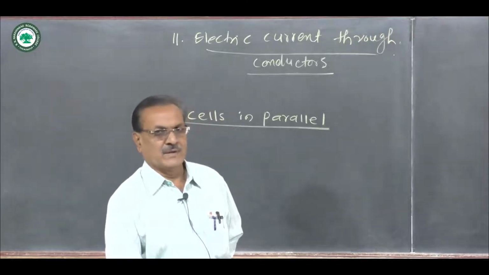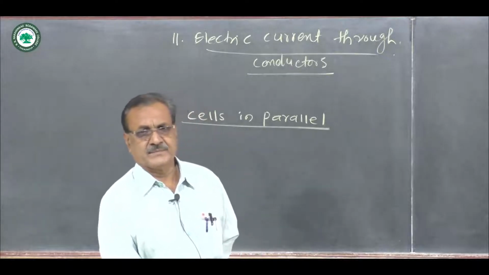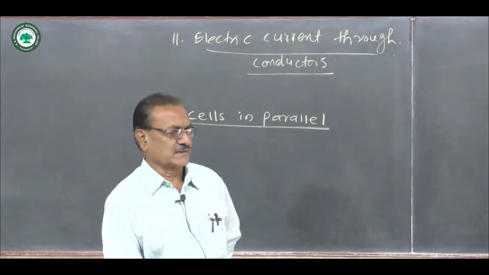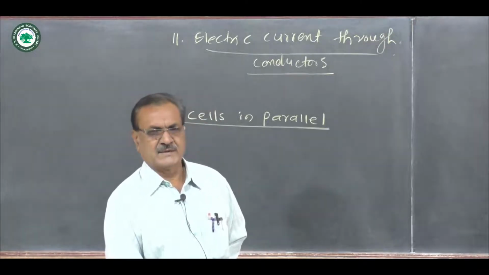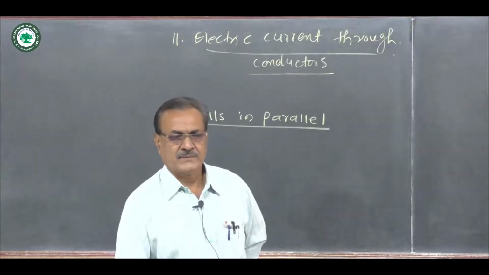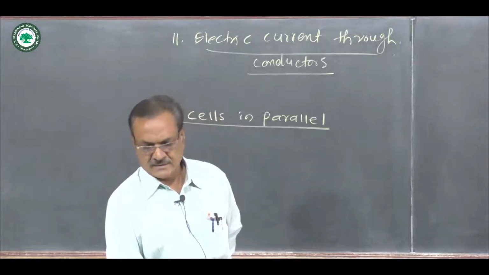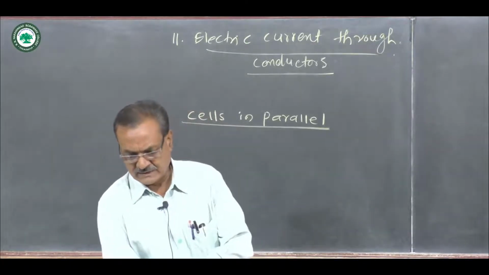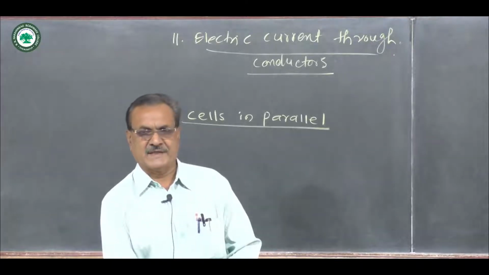That is, if 1.5 volt and 1.5 volt cells are arranged in series, the equivalent EMF or voltage will be 3 volt. That is, when cells are arranged in series, the combination is equal to the sum of the individual EMFs of all cells.